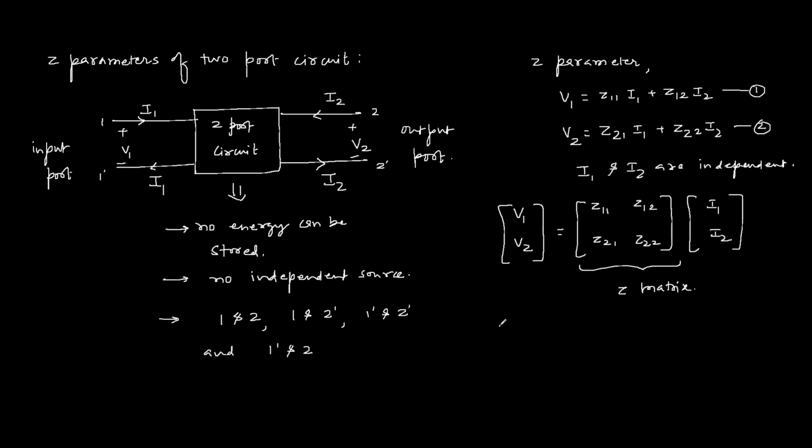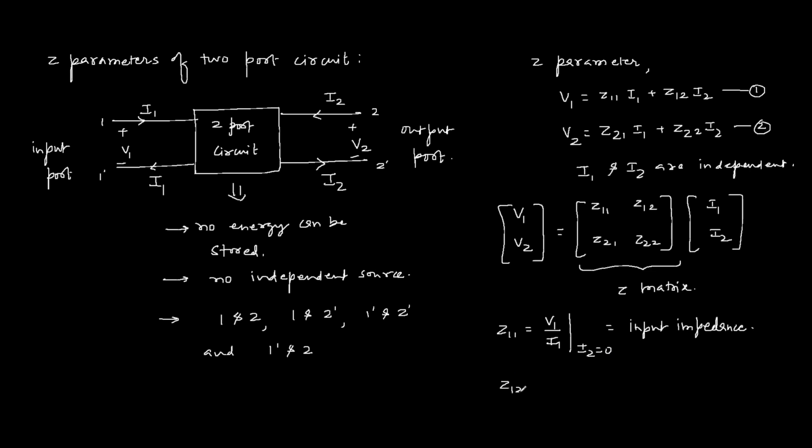Now, the Z11 is V1 upon I1 when I2 is 0. So it is simply the input impedance, because it is the ratio of voltage at port 1 to the current at port 1 when port 2 is open circuited. So it is input impedance when port 2 is open because I2 is 0.